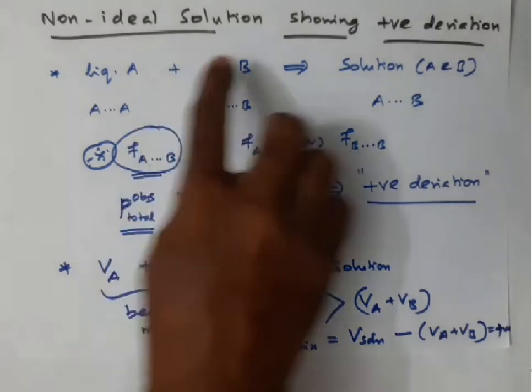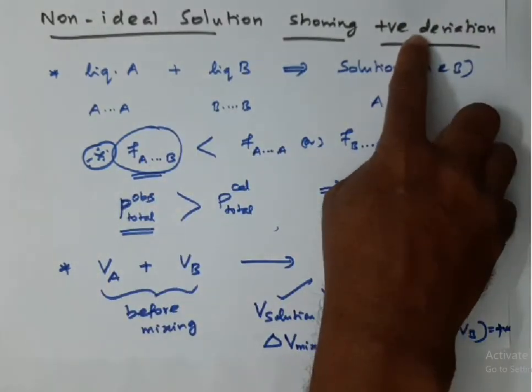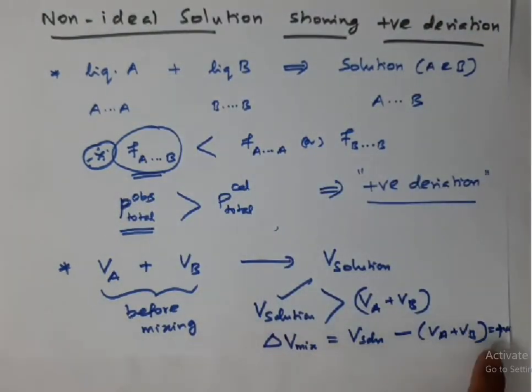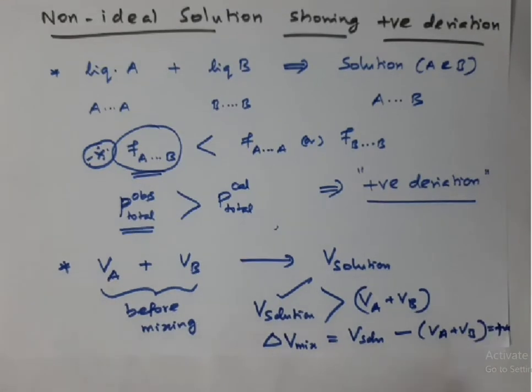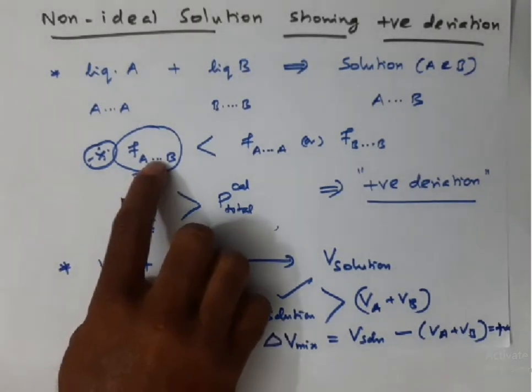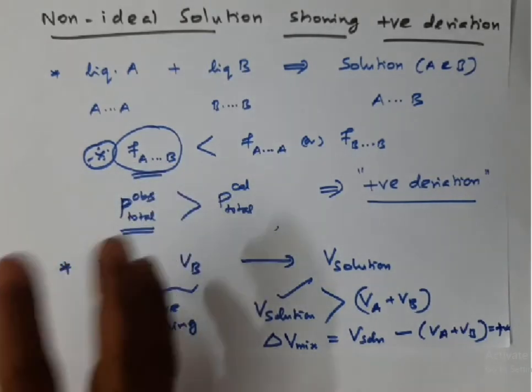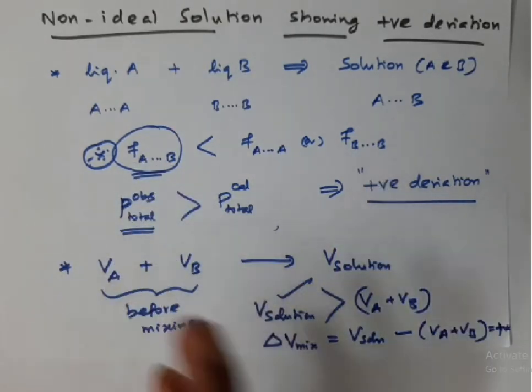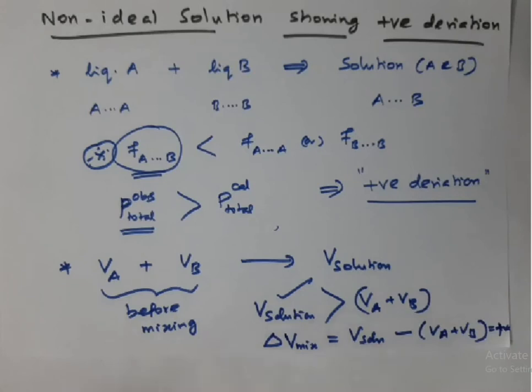So for a solution showing positive deviation, delta V mixing is positive. Why? Because the force of attraction between A and B is weak. Therefore, the solution occupies more volume compared to the total volume of liquid A and liquid B.